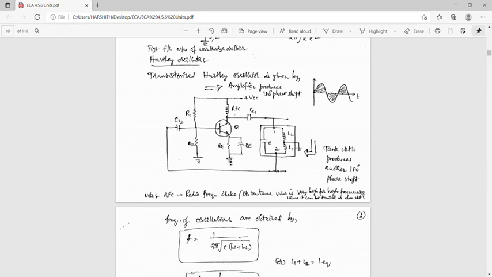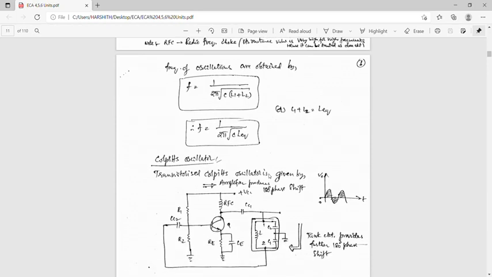This is the CE configuration, common emitter configuration, with R1, R2, RE, and the RFC, supply VCC and the two capacitances. This is the RFC, radio frequency choke.